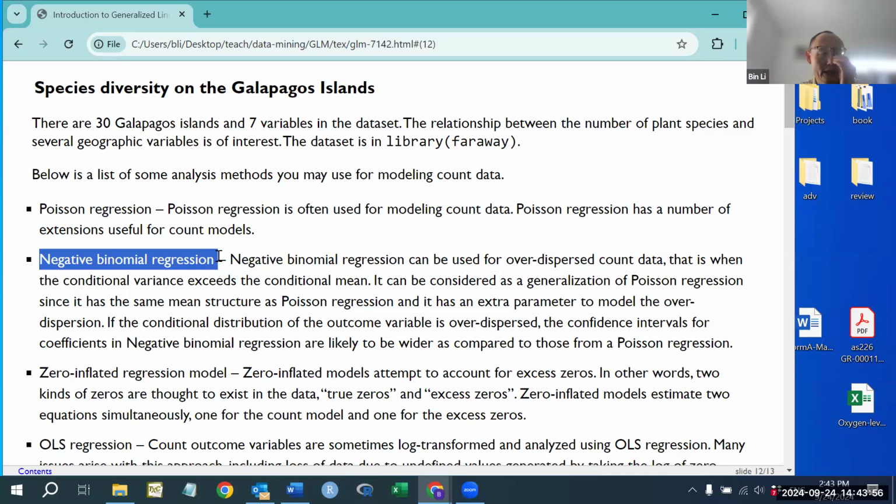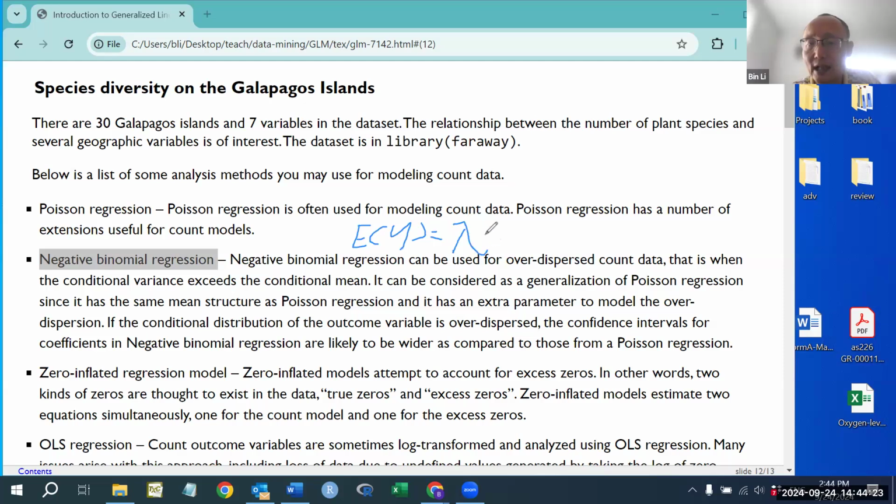Okay, then you may ask why we need the negative binomial. Because it has one extra parameter to model the variance. One of the restrictions for the Poisson regression, I think I mentioned before, is that the expected value for Y equals lambda, and also equals the variance of Y. So that's actually a very strong assumption.